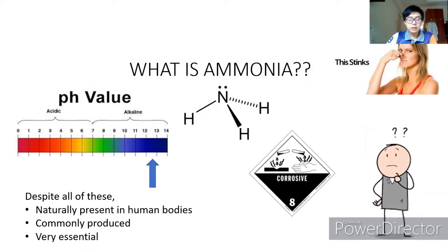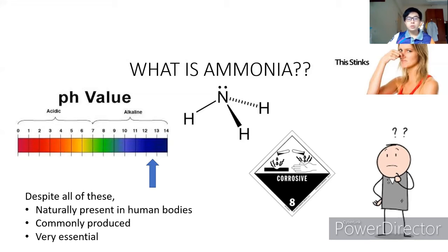For example, in biological processes, it is used as a precursor for amino acid and also nucleotide synthesis. And in the environment, ammonia is also used in the nitrogen cycle. We can see that everything revolves around ammonia, and it is a very important substance.